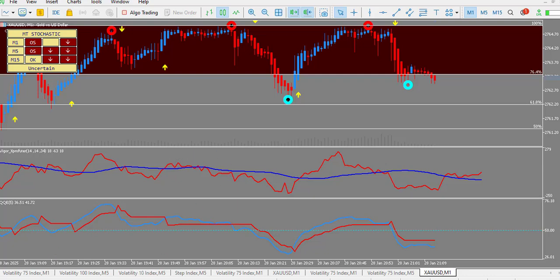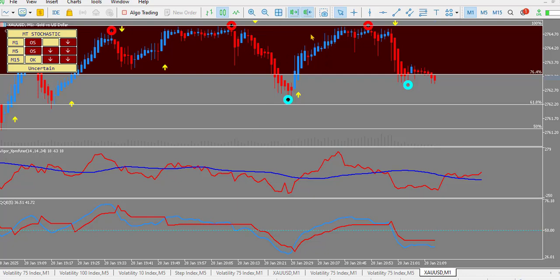You only trade this from zone to zone. This is how to trade from a support zone to a resistance zone. Your take profit might be at any of these levels, or you follow your trade with a trailing stop, but make sure you use stop loss above this level.